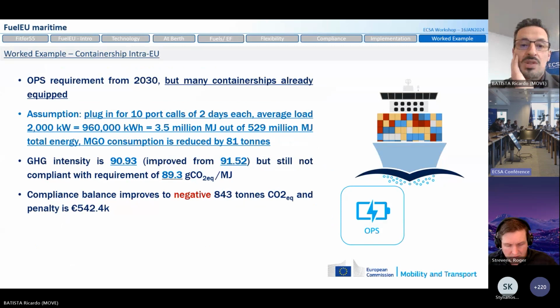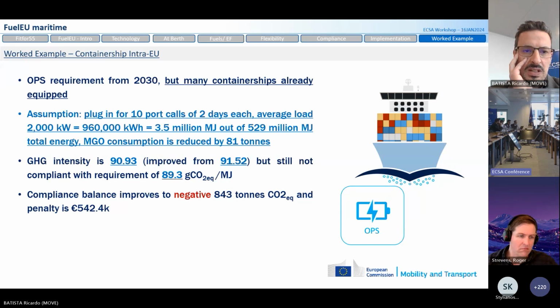We continue with the same ship, so now we look for ways of reducing the greenhouse gas intensity and trying to bring the ship into compliance by using different strategies in terms of energy. Let's look at OPS.